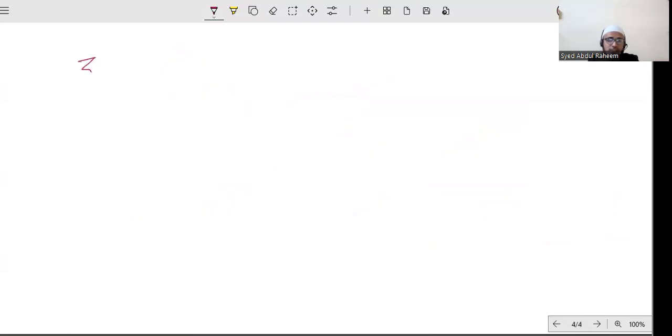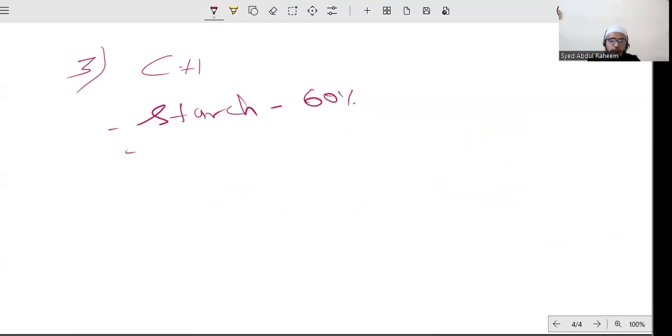And the third thing we have is carbohydrates. Carbohydrates are present in the food in the form of starch, this is 60%, and lactose, this is the form of carbohydrates, 10%, and sucrose 30%.